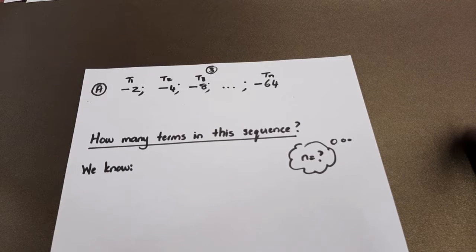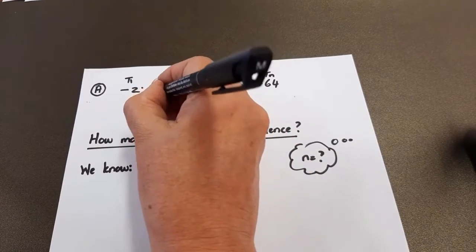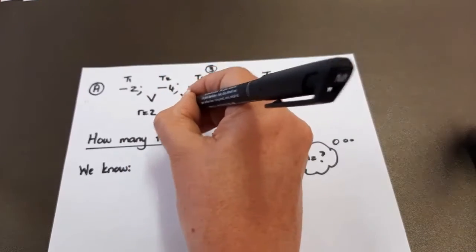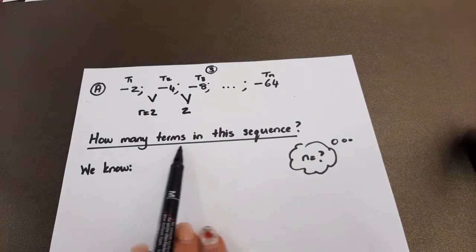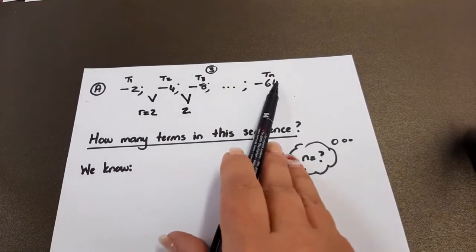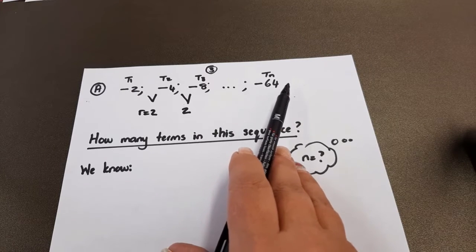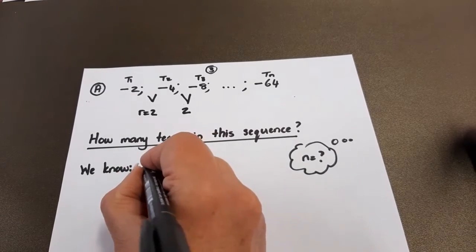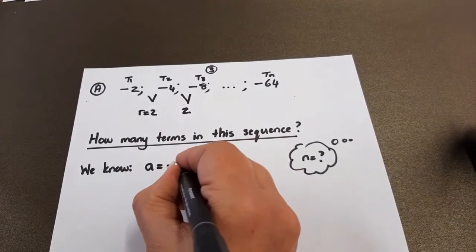When we look at example A on your notes, it's the same sequence. We already know that our R, our ratio, is 2. Now they want to know how many terms are in this sequence if the last term's value is minus 64. We already know that A, our first term, is minus 2.